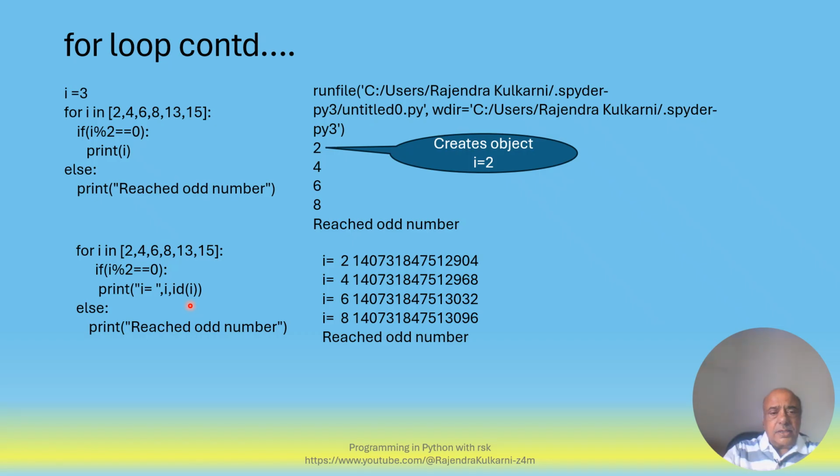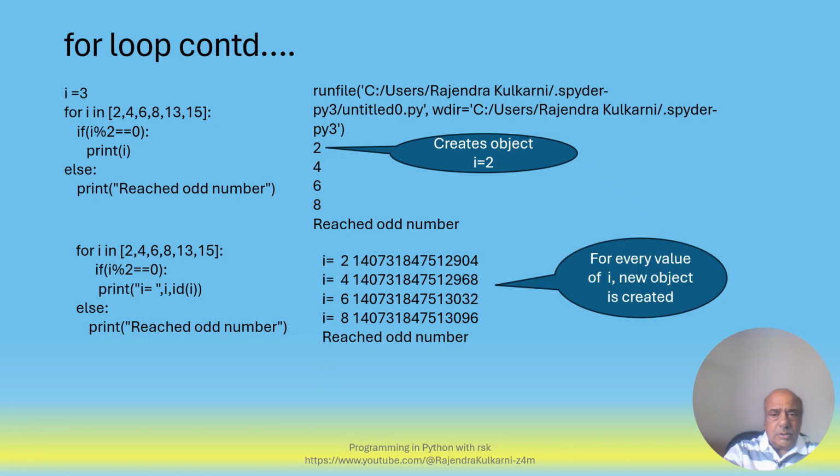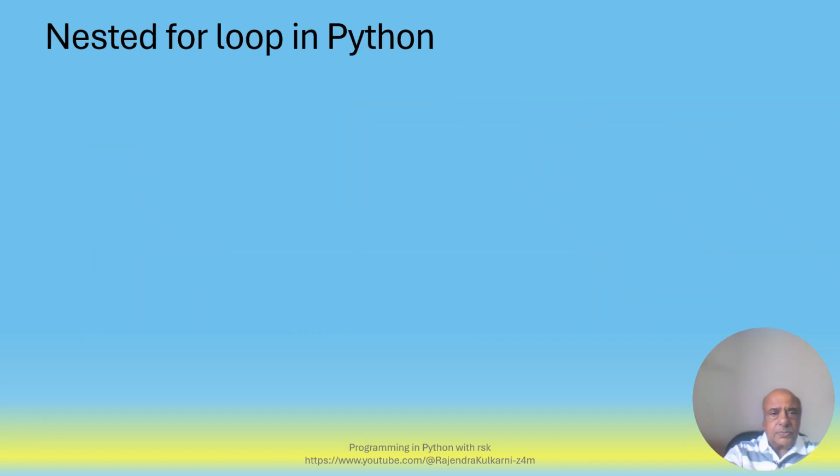This prints I and id of I. We can see 4 different objects have been created, as the output changes and the reference by I changes from 2 to 4, 6, 8 and so on. For every value of I, a new object is created. We can nest for loops in Python.